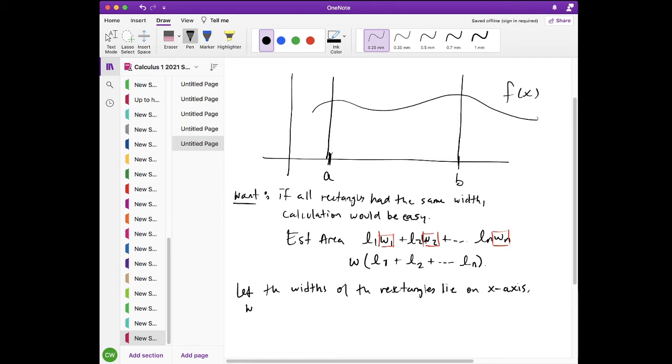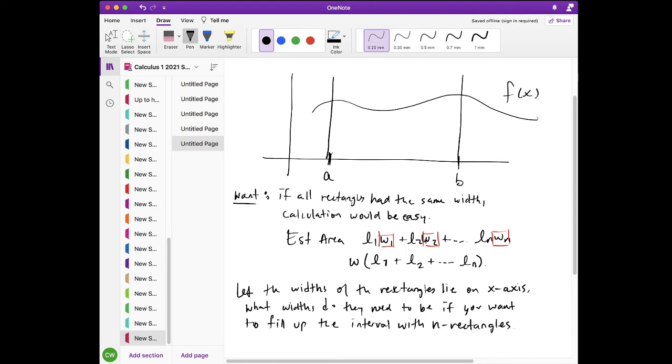What widths do they need to be if you want to fill up the interval with n rectangles?